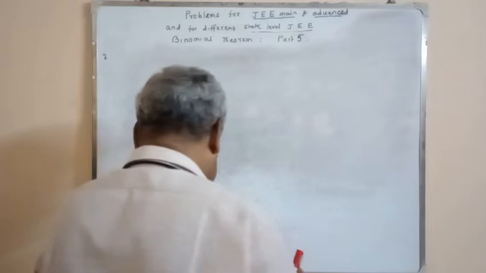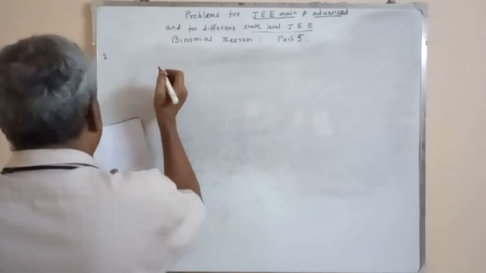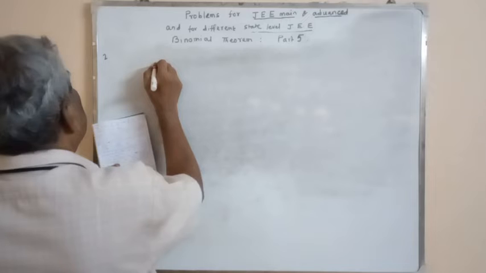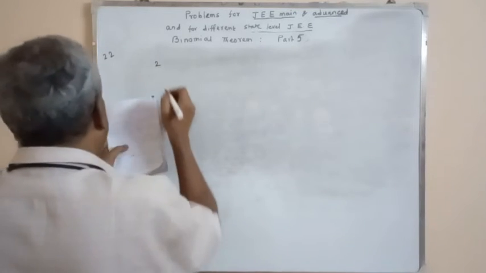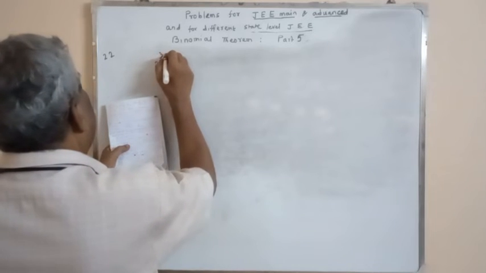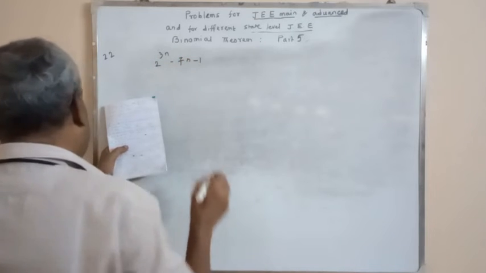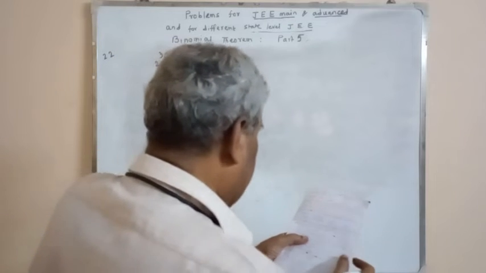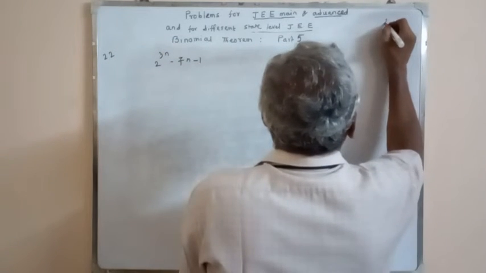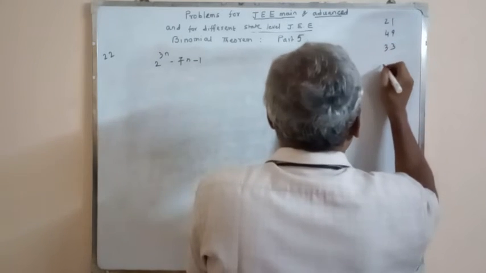Problem number 22 is: if n is a positive integer, then the number 2 to the power 3n minus 7n minus 1 is divisible by the greatest number among 21, 49, 33 and 35.